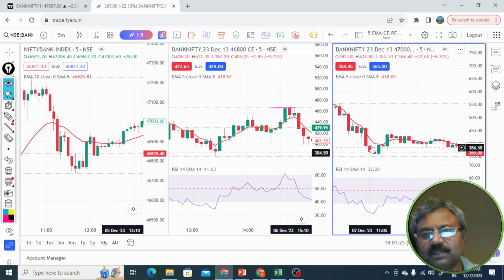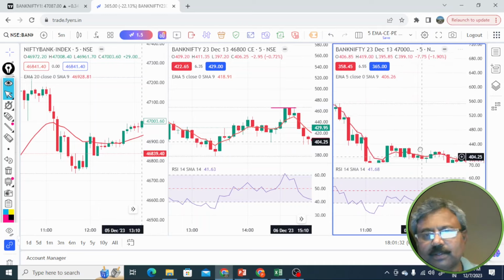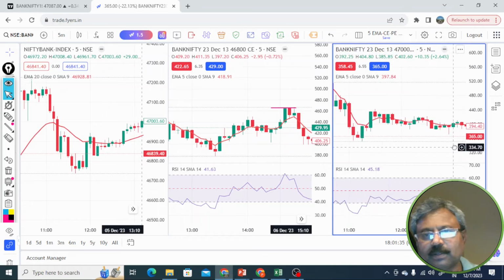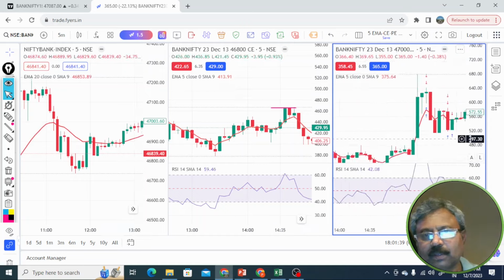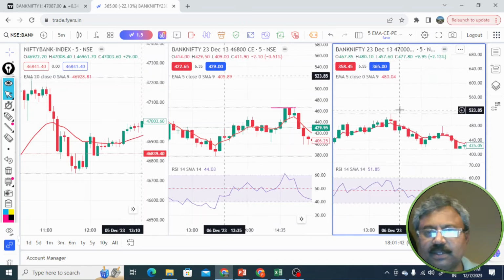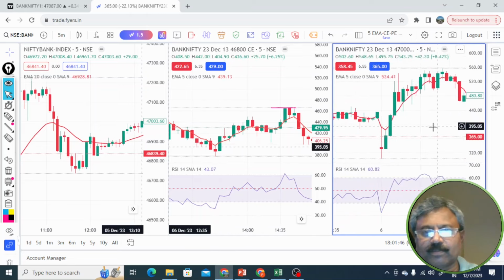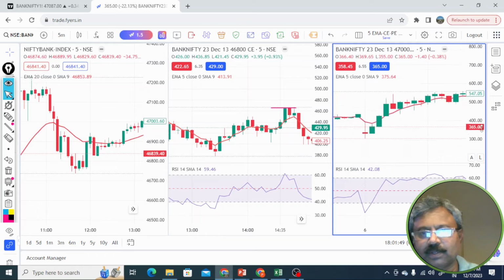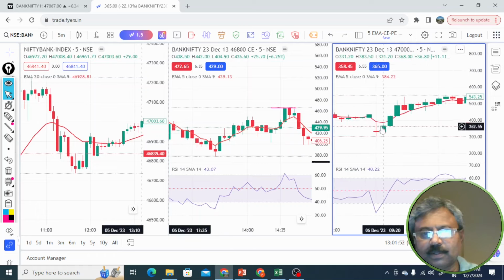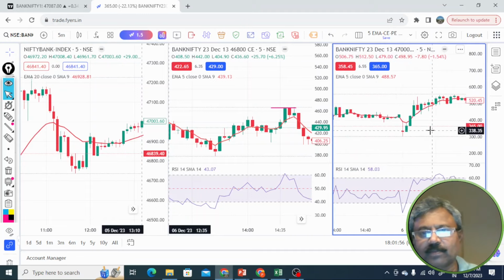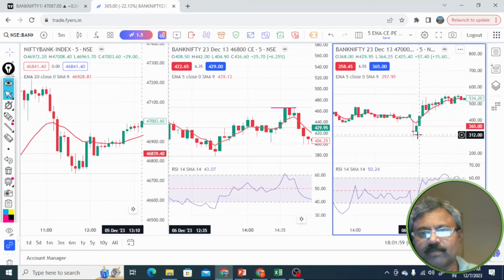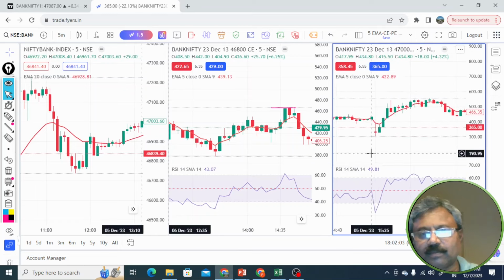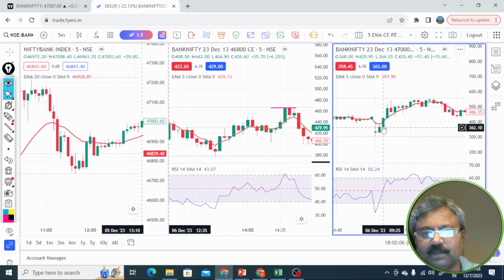See here, after a downtrend, we are getting a close above this 5 EMA, and here the RSI is also giving a confluential signal.